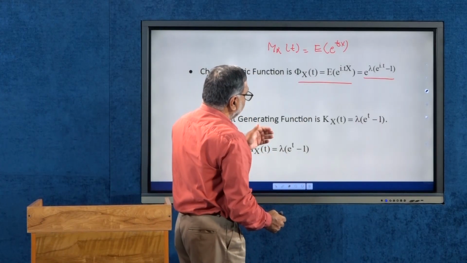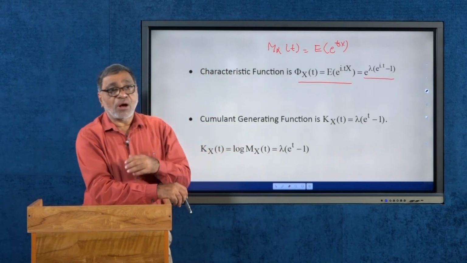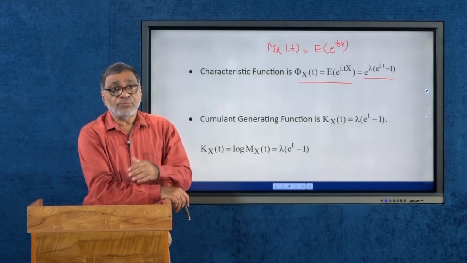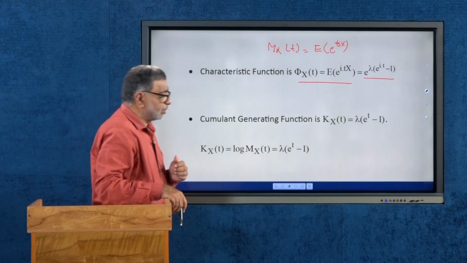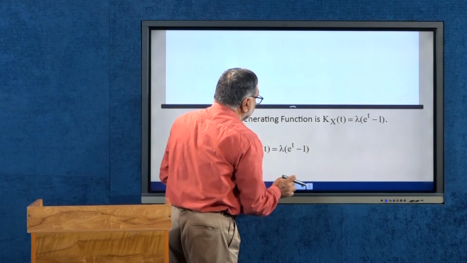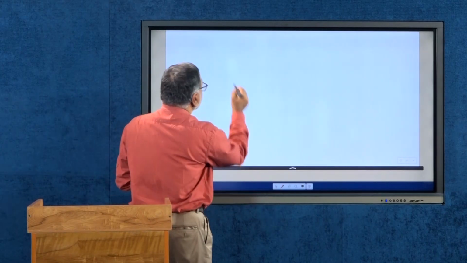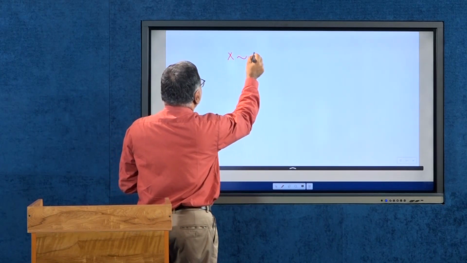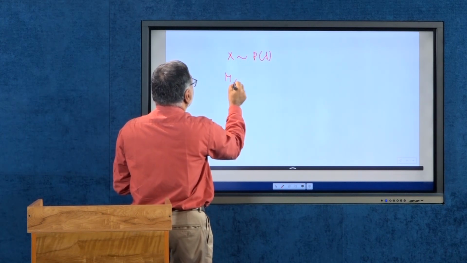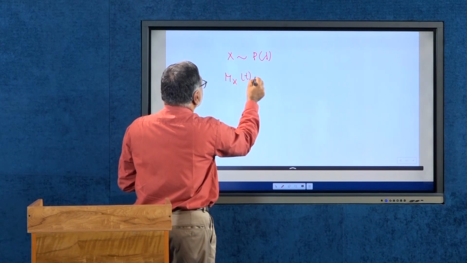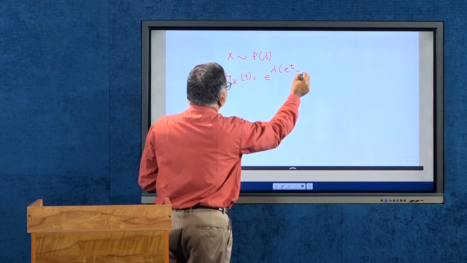And before giving the cumulant generating function, let me discuss how we are finding moments of the Poisson random variable using the moment generating function. Suppose X is a Poisson random variable with parameter lambda, and we have derived M_X(t), that is e^(lambda(e^t - 1)).